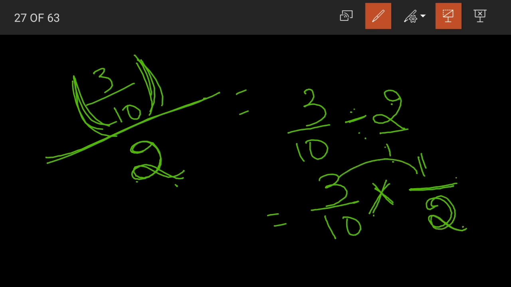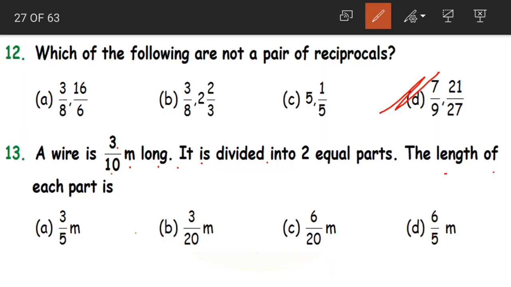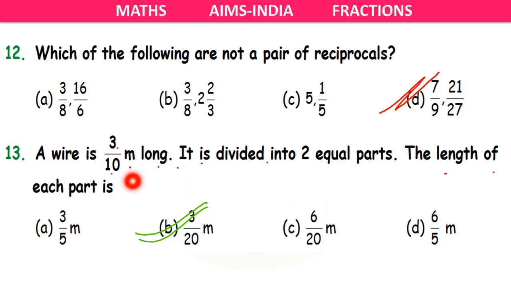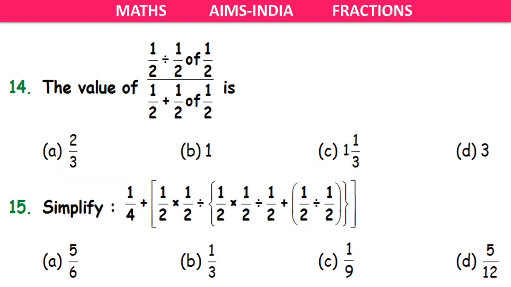Now 3 ones are 3 and 2 tens are 20. What is our answer? It is 3 by 20 meters. Option B. How did we find out? We divided the total length of the wire by 2. Then we got that the length of each part is 3 by 20. I hope this was clear.